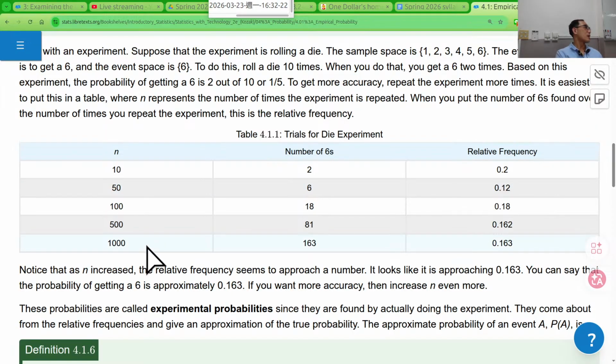If we roll a die 1,000 times and 6 comes 163 times, the relative frequency would be 0.163.